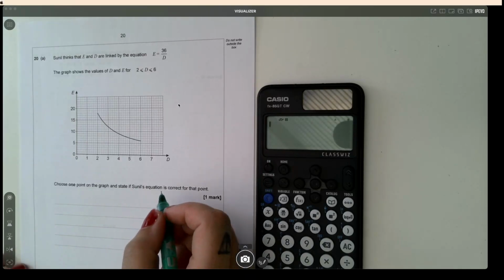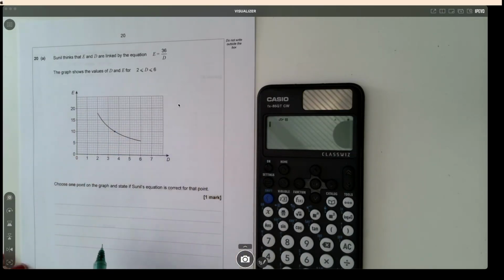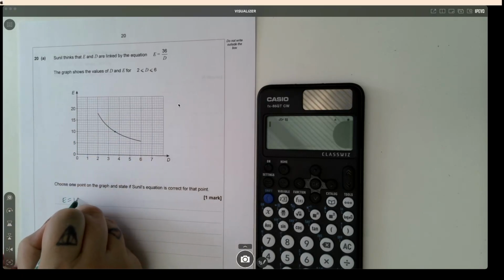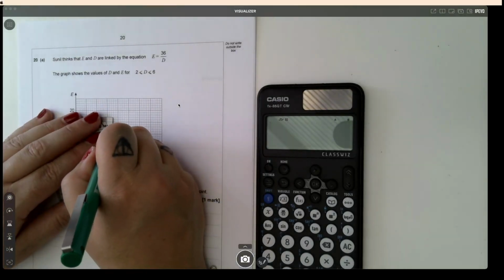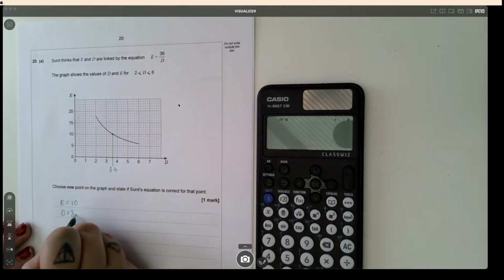So let's pick the point. Let's go for an exact point here. Let's go for this one. So E at this point equals 10. D at this point, if we read down this graph, equals 3.6.